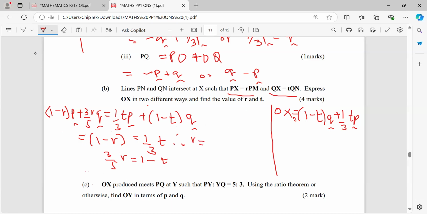So R equal to, peleka huku lete huku, itakuwa R equal to 1 minus a third T. So pale ambapo kuna R in the second equation, remember this is your first equation, this is your second equation. So andika vizuri, so wasema 3/5 of R, which is 1 minus a third T, equal to 1 minus T.